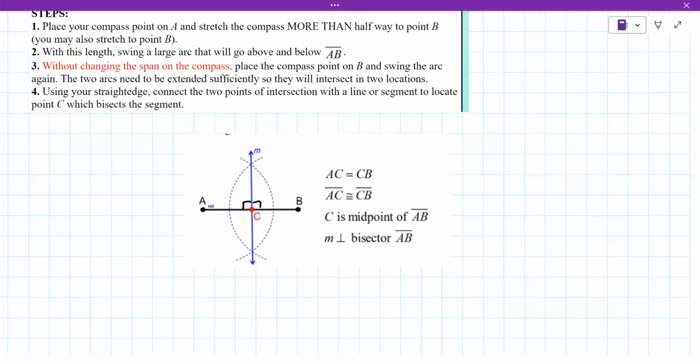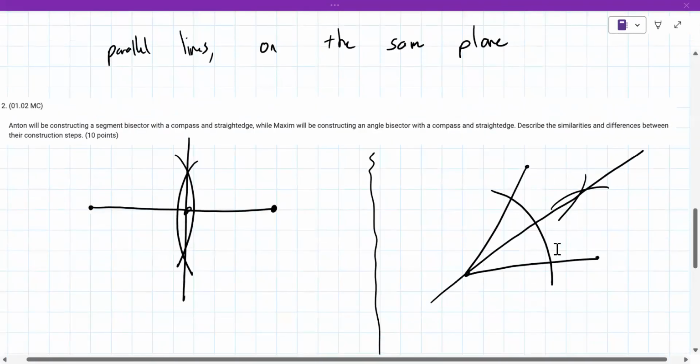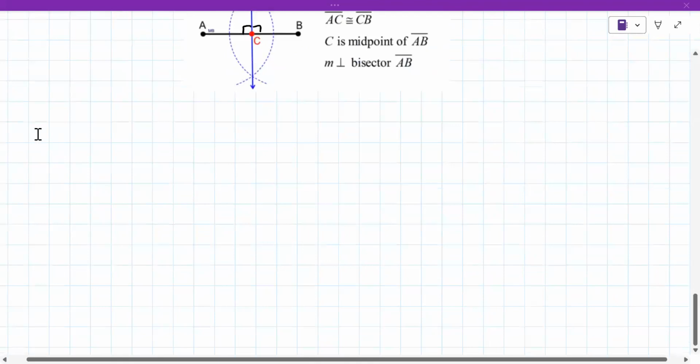One of the similarities is that it's the same distance on either side of the bisector. That's just the definition of it. You use the same size construction lines on both sides, just like in the angle, where you use the same size construction lines. That's a similarity.